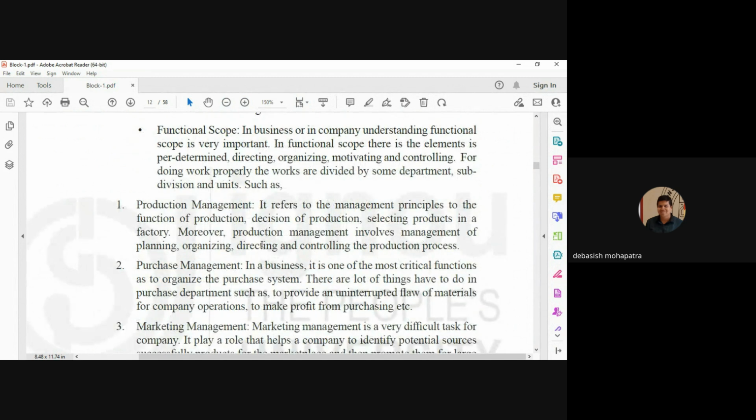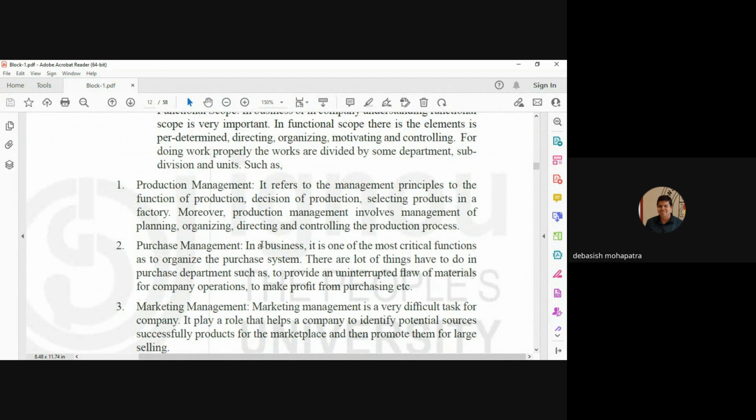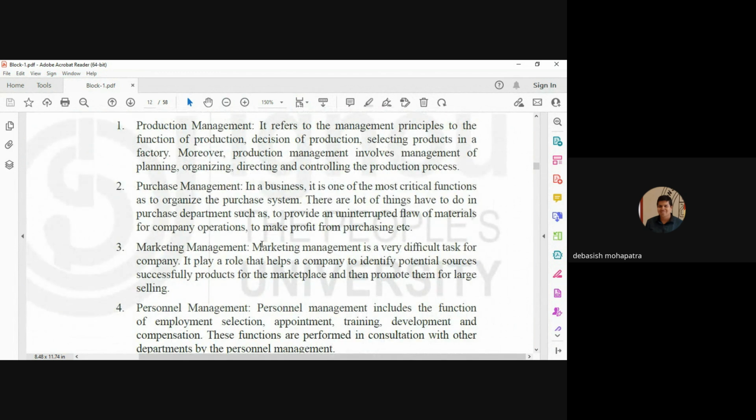So this should be managed properly, otherwise it is hard to make a good profit. Then marketing management: how the product should be managed, how do we sell to the people, how do we reach the target group which you want to target.